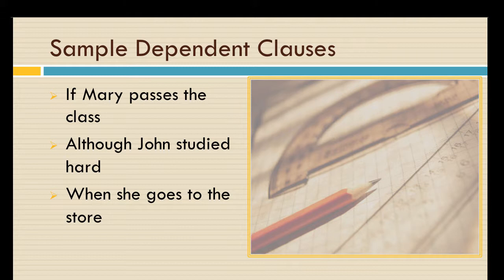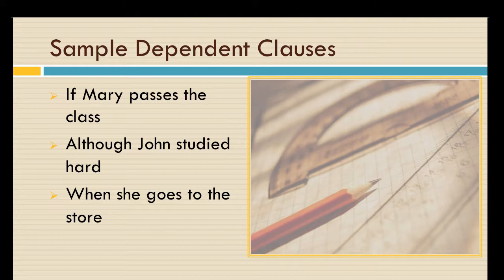In the first word group, passes is an action word, so it's a verb. If we ask who or what passes, we see that the answer, Mary, is in the word group. Since there is a subject and a verb, the word group is a clause.